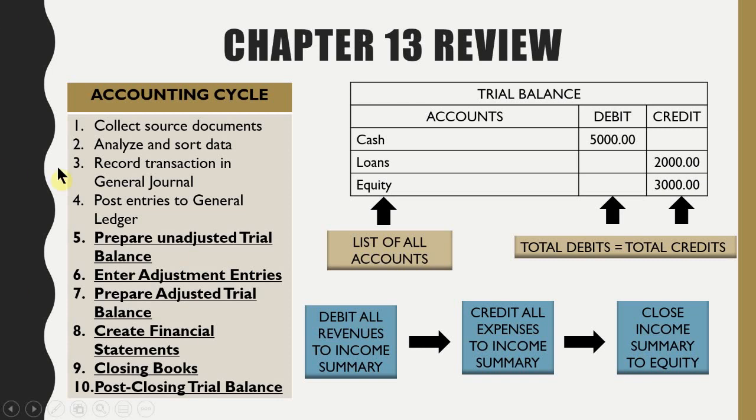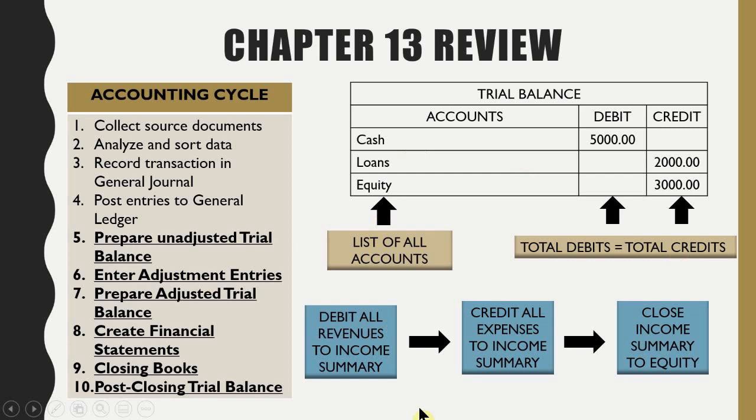So once again, we talked about the last 5 steps of the accounting cycle. Here's a brief reminder of what a trial balance does: it lists all of your accounts, and you determine whether your debits and credits match.